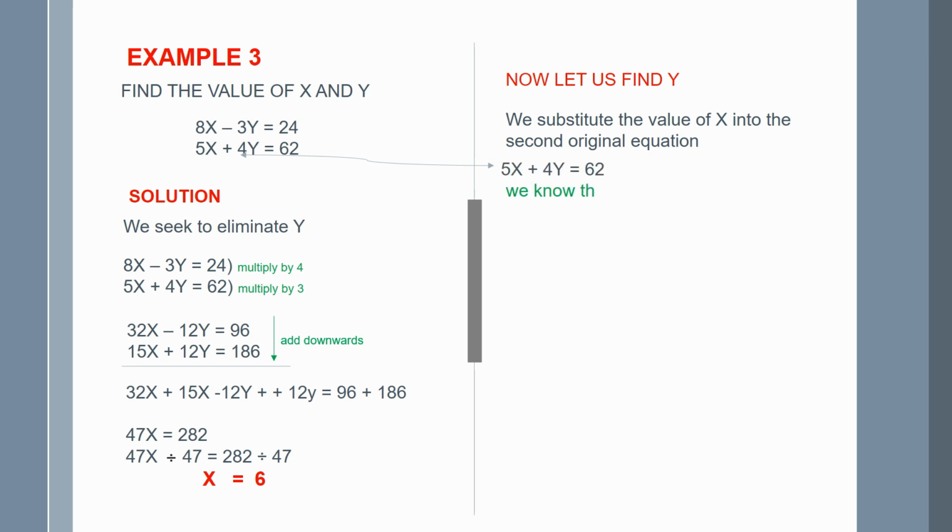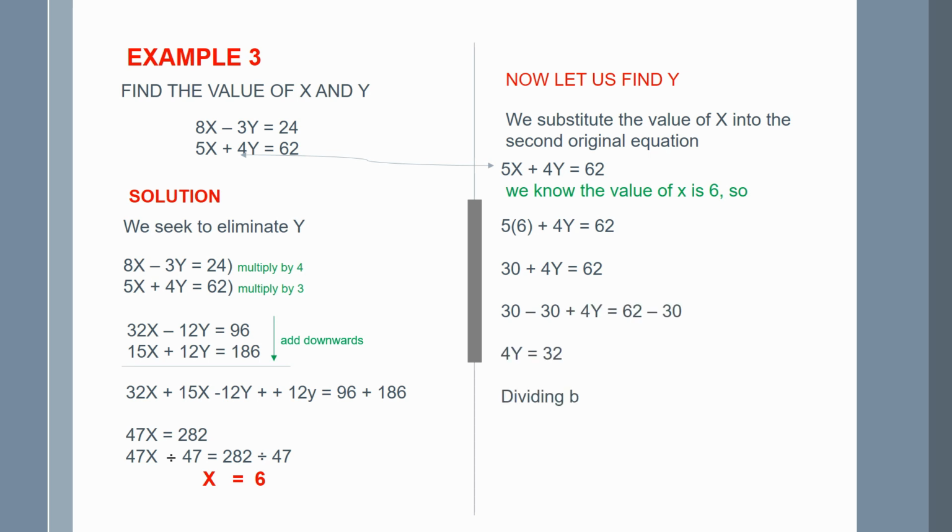When I put x as 6, I'm going to have 5 times 6 plus 4y is 62. Now 5 times 6 is 30, plus 4y equals 62. Subtract 30 both sides. 4y is 32. We divide by 4 on both sides to get y being 8. We do have our solutions for x and y.